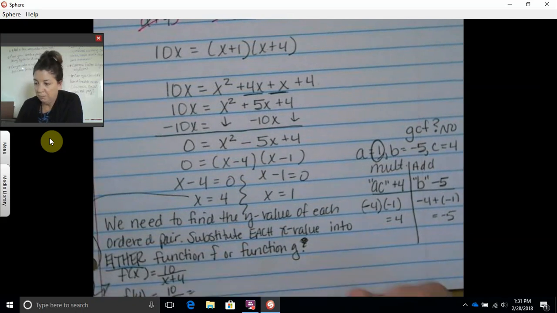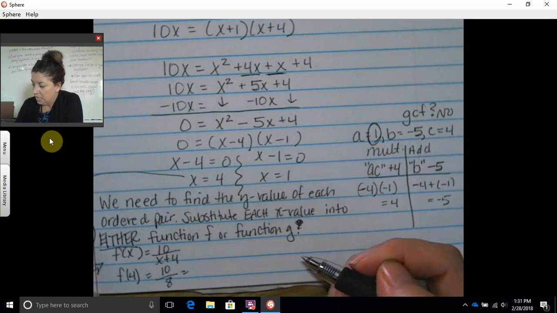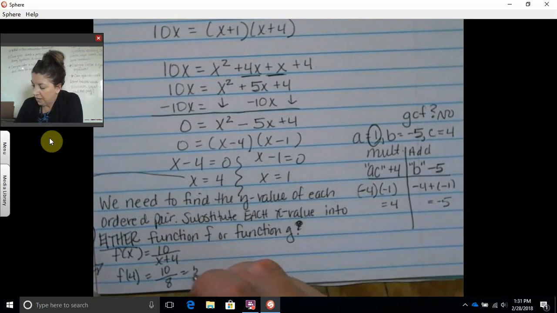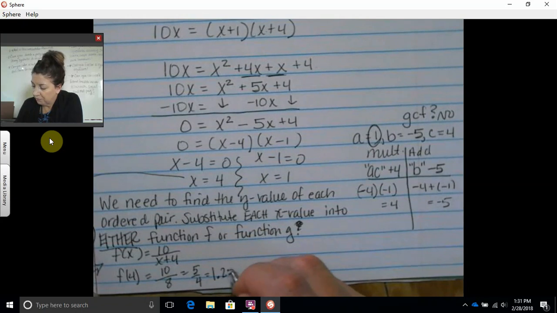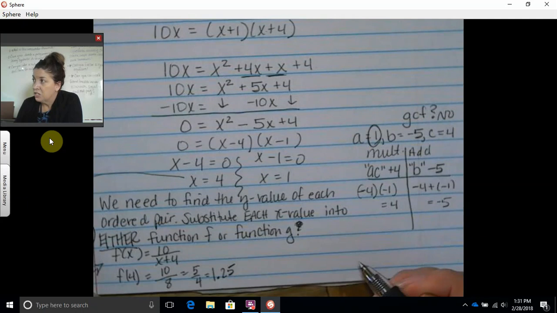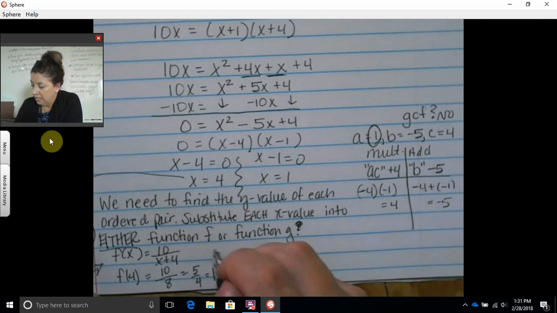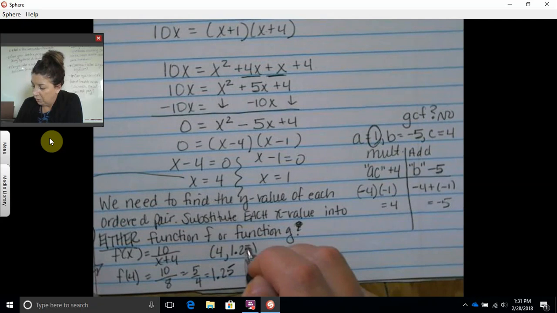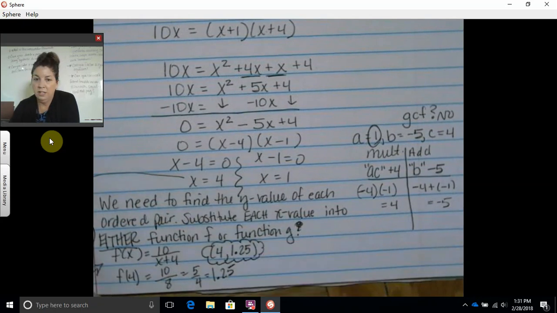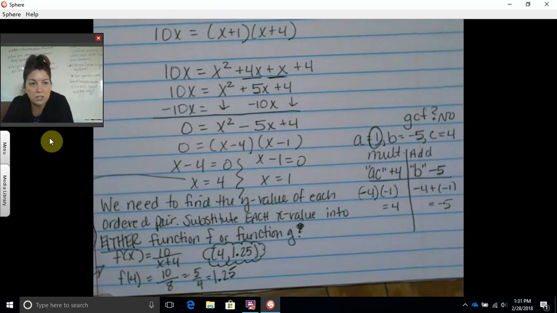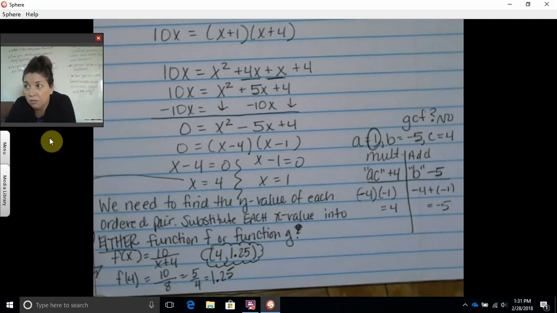I'm just running out of room down here. 10 eighths reduces to 5 fourths, which is 1 1/4 or 1.25. So that ordered pair is 4, 1 1/4. When x is 4, y is 1 1/4.